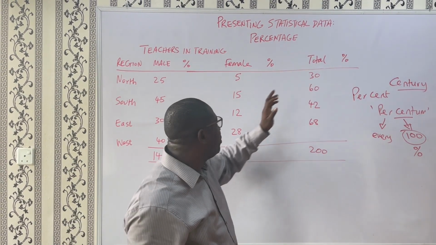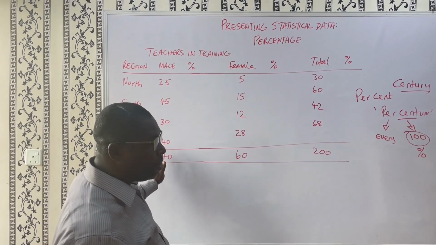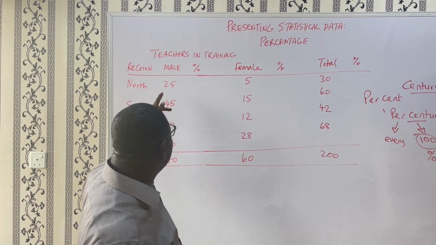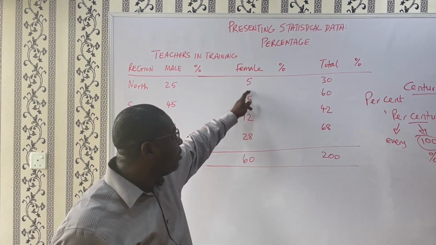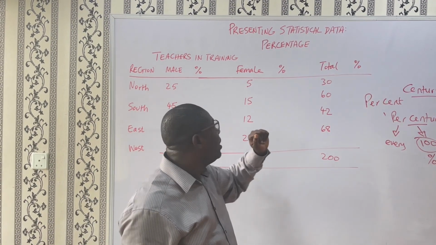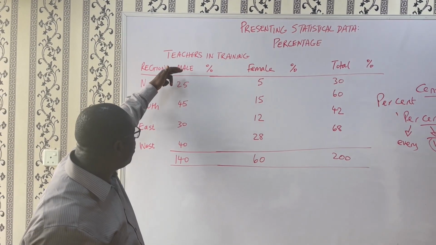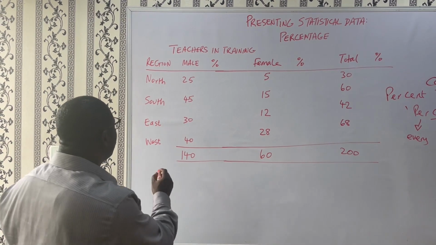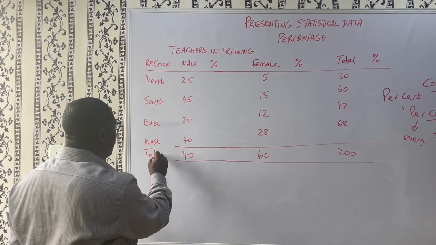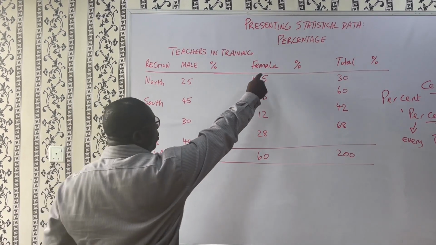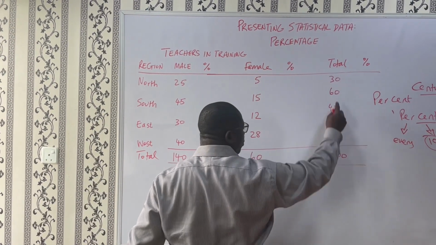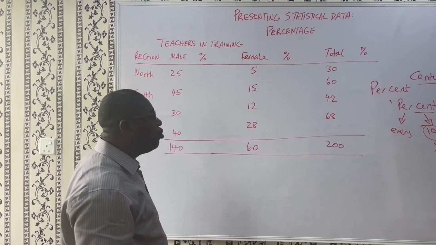Here I have the male column, the female column, and the summation of male and female gives us the total. Then we have the summation of all the males, which gives another total here, and the summation of the female gives us this. And then we have the total of everything to give us 200.